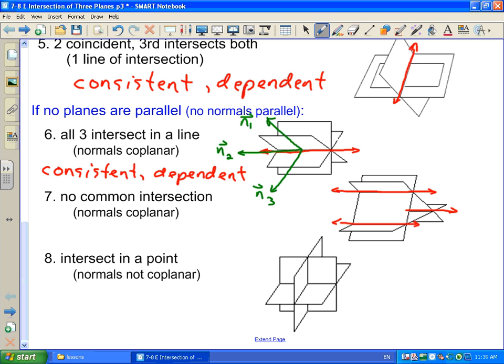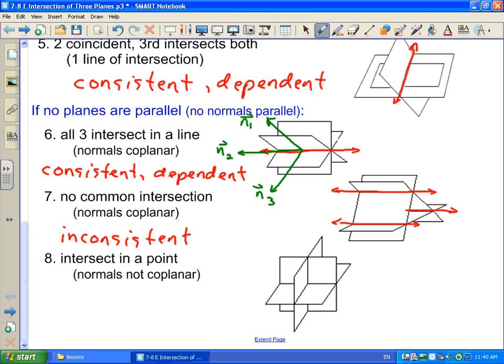Just like the situation above it, the normals will still be coplanar, but this time our system is inconsistent because we have these 3 lines of intersection, so there isn't going to be a point that is common to all 3 of these lines.